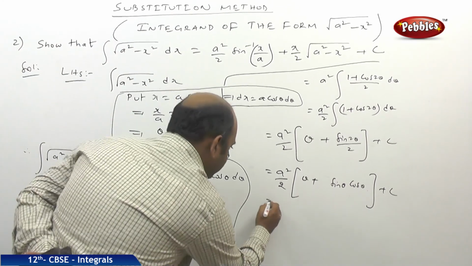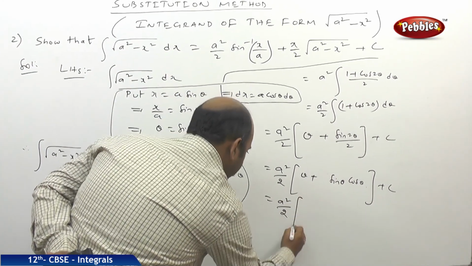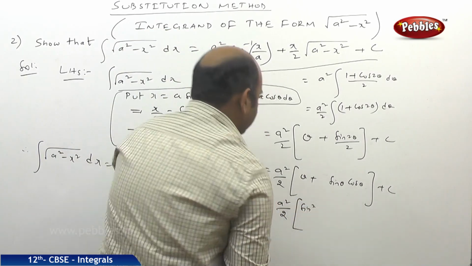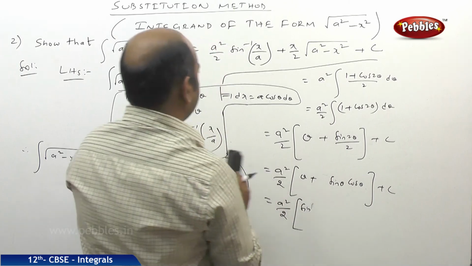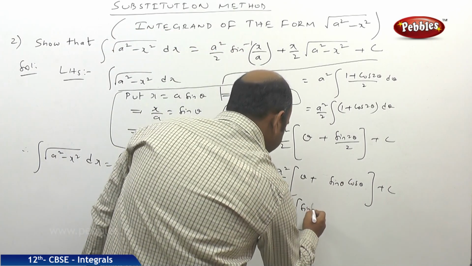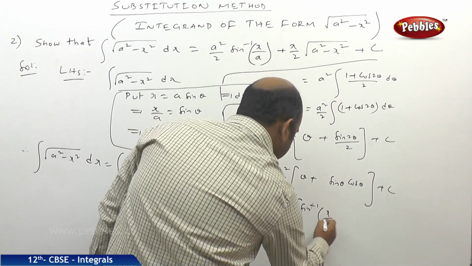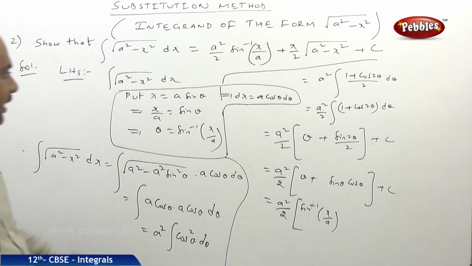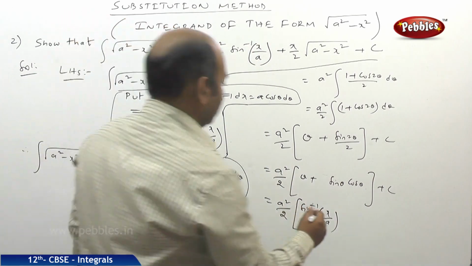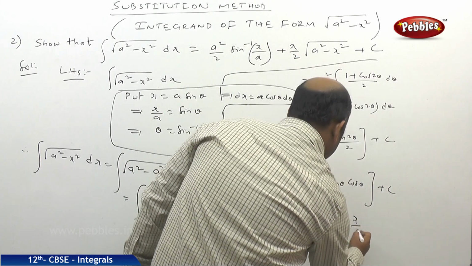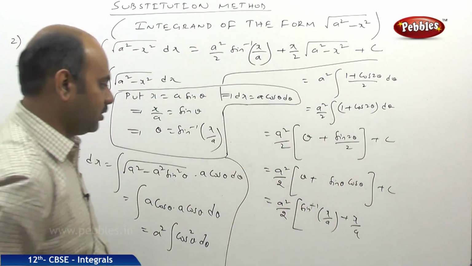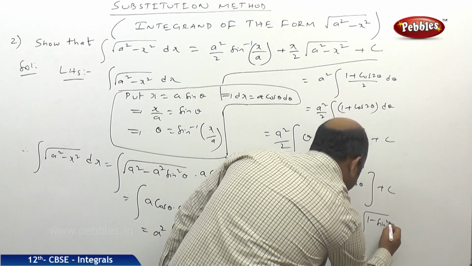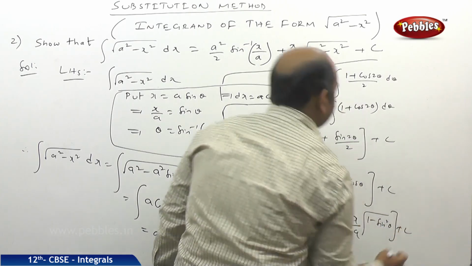So what happens? That is equal to a square by 2. Theta is nothing but sin inverse of x by a, and here also sin theta. Sin theta means directly I can write as x by a, and cos theta means under root of 1 minus sin square theta, plus c.